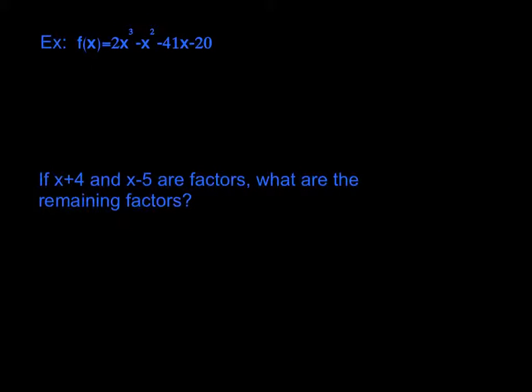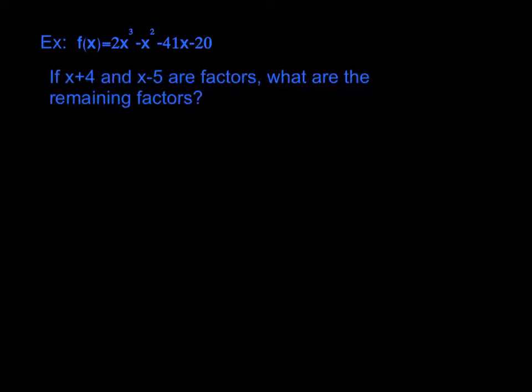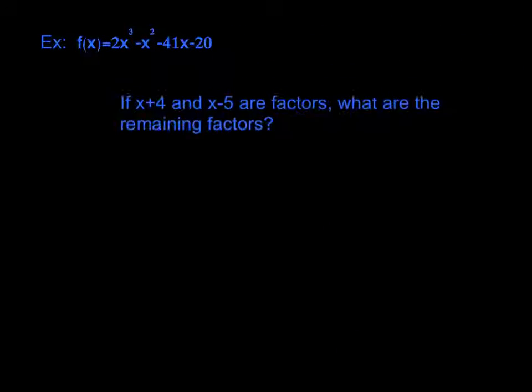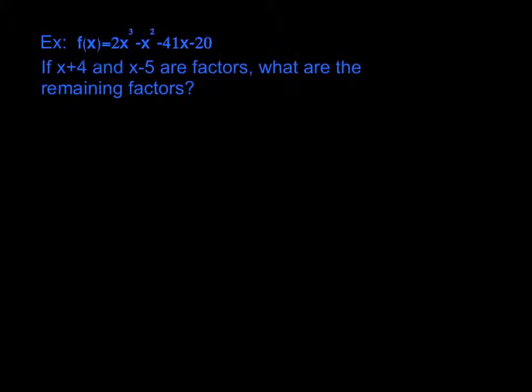Okay, let's take a look at this last one. Example: 2x cubed minus x squared minus 41x minus 20. If x plus 4 and x minus 5 are factors, what are the remaining factors?